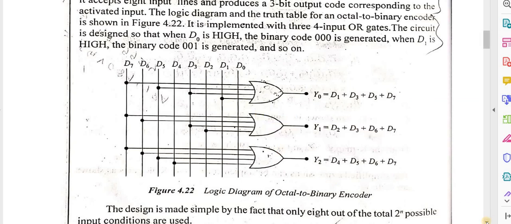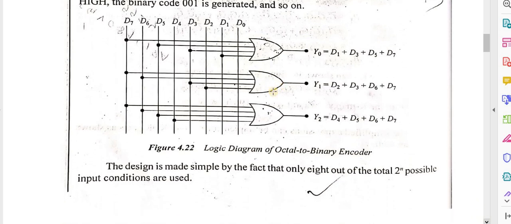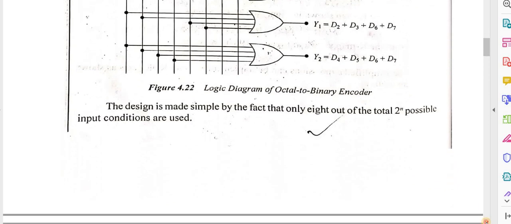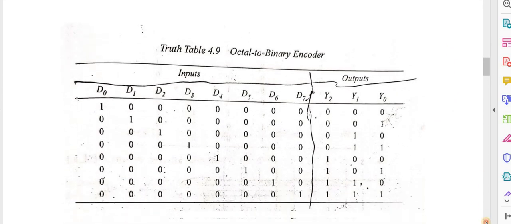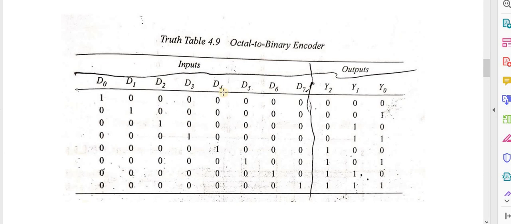So if you see the truth table, actually you need to see the truth table first. After that you can draw this logic diagram. So if you see this truth table, when this output is 000, that means the D0 input is activated at that time.